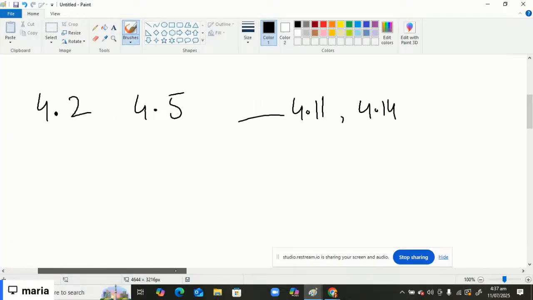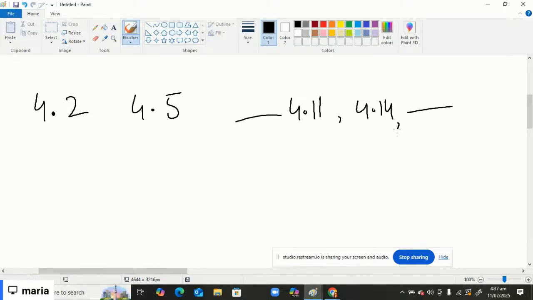So everyone tell me the answer of this. How many numbers are we going to increase?